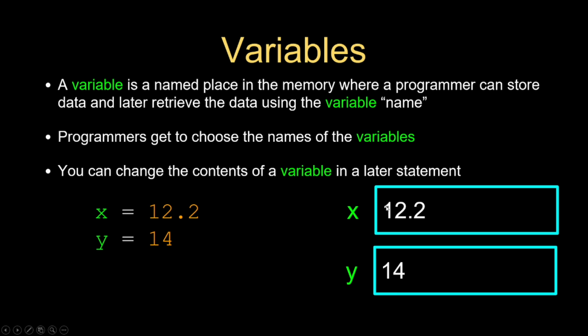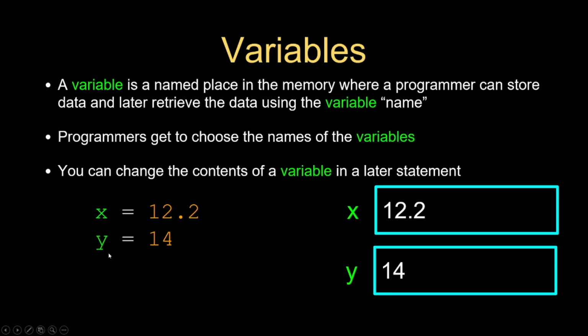So imagine x here, we could say these are memory allocations. So at this point, when the code is being executed in a program, x here will have a container that will hold whatever value it currently has. Okay, so for now it is 12.2, and let's say we reach y here, so y is equal to 14.